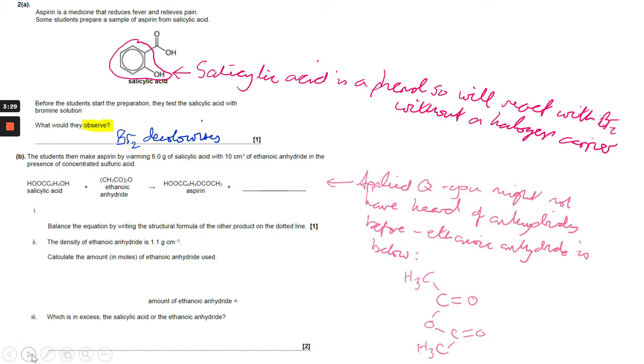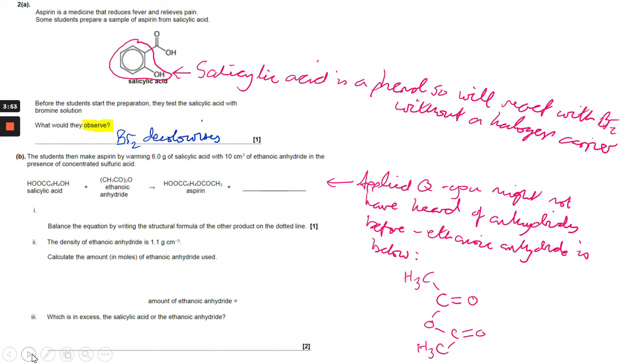The next part is quite applied because you might not have heard of anhydrides before. So a little bit of research would give you the structure below. And now you need to think about the salicylic acid and the aspirin. If you look closely at the salicylic acid, you can see it's got HOOC C6H4 and then an OH group. And then the aspirin also has HOOC C6H4.